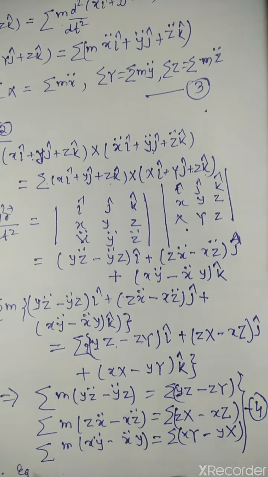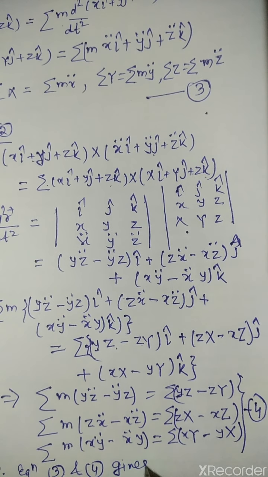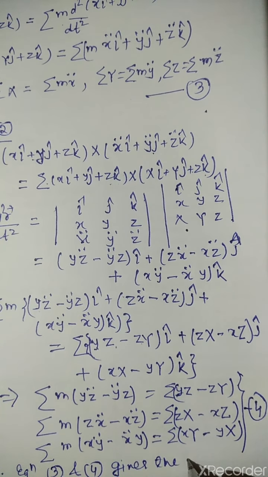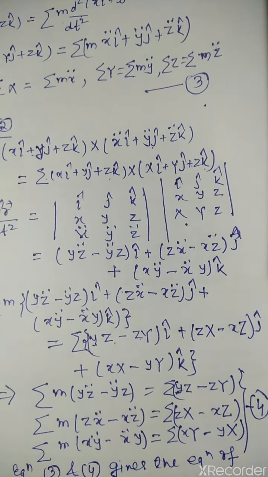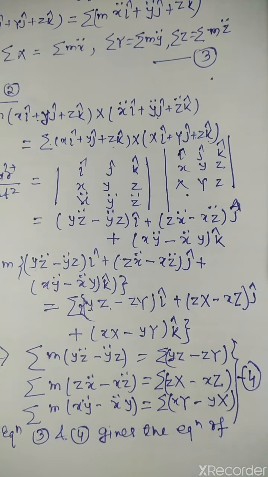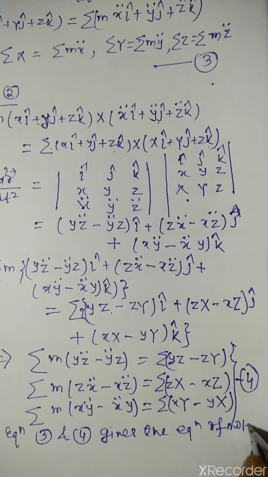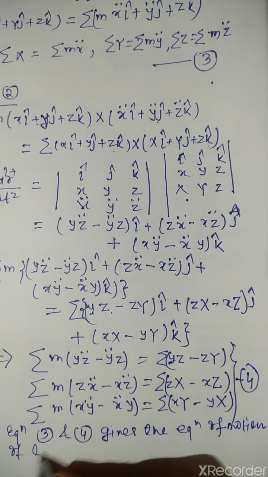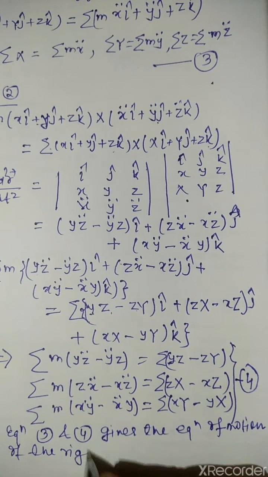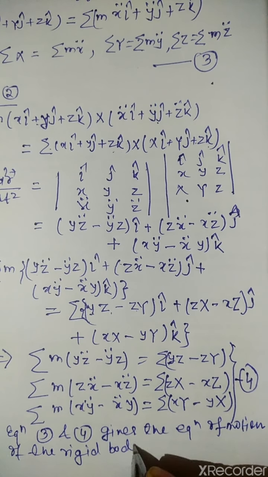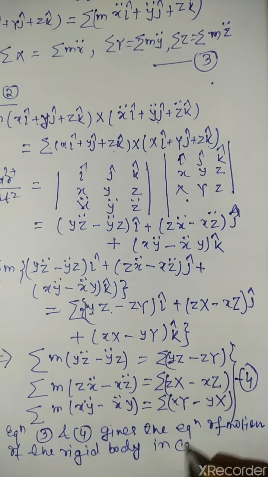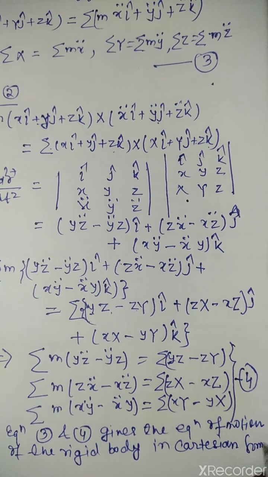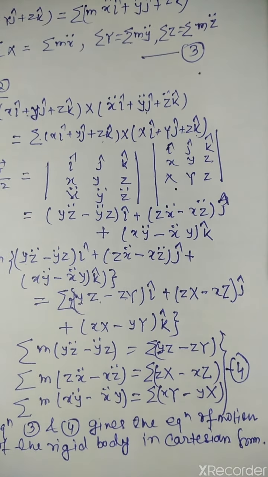Therefore, equations number 3 and 4 give the equation of motion of the rigid body in Cartesian form.